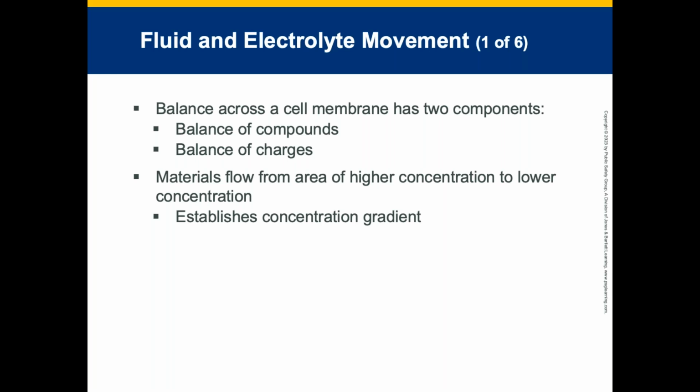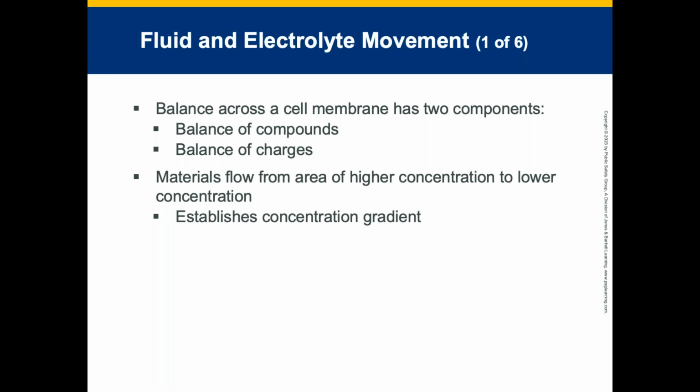Materials flow from an area of higher concentration to one of lower concentration, establishing a concentration gradient, depending on whether the cell membrane will allow the material to pass through it. So we talked about the cell membrane and the gradient it creates.